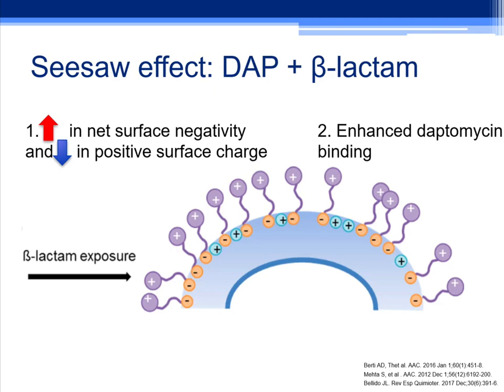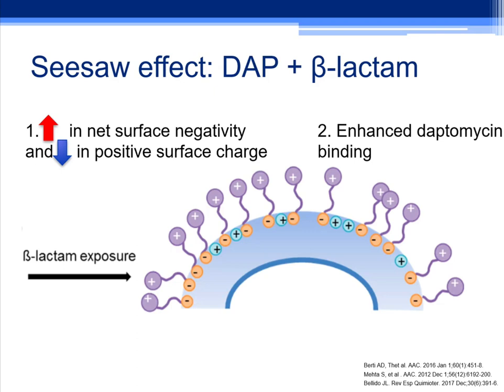Then we get that enhanced daptomycin binding. Overall, you do get a more negative net charge. This can be seen and is well documented with various beta-lactams. We'll discuss more specifically ceftriaxone, cefazolin, and those.